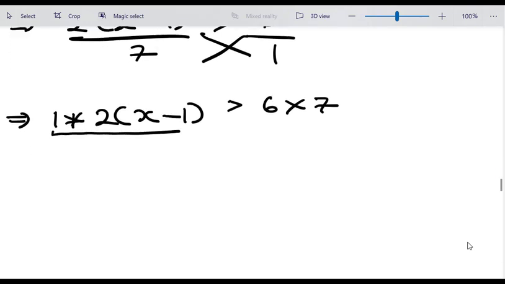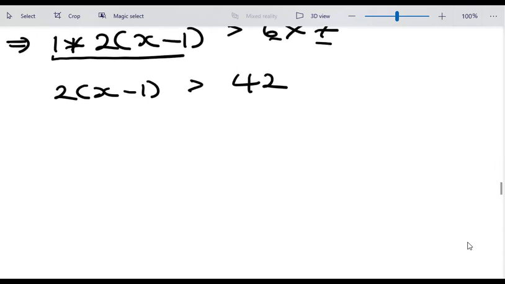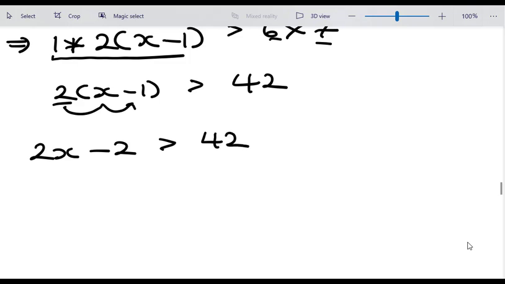So this times this will give us the same 2 in bracket x minus 1. We'll have this times this is 42. We must use 2 to multiply everything inside this bracket. 2 times x is 2x, 2 times minus 1 is minus 2, greater than 42. So at this juncture, I must collect like terms.